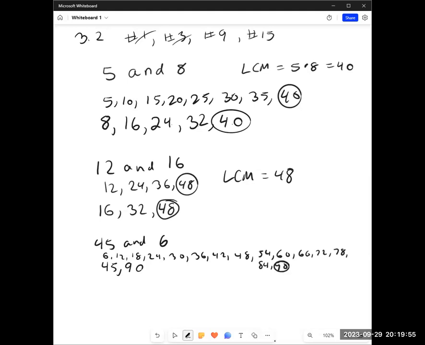That was a big multiplier, right? 6 goes into 90 fifteen times. So that was 15 times 6, which is the same thing as 45 times 2, which is 90. It's the first multiple that they have in common. So my LCM here is 90.